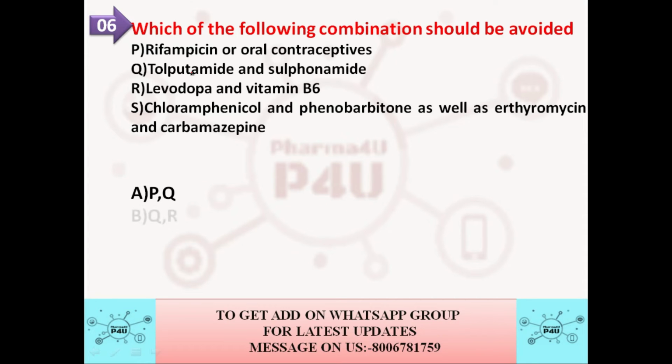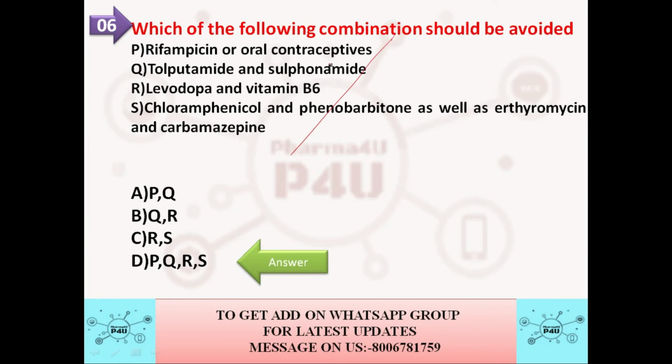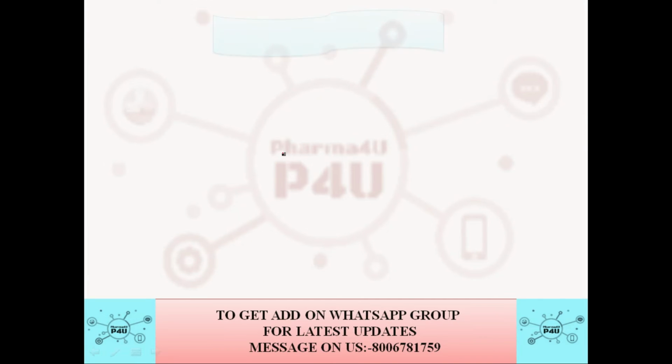So which is the correct answer? The correct answer is PQRS, means these are always avoided. That is PQRS, means they are not used as a combination. So let's discuss each and every point with the help of explanation.